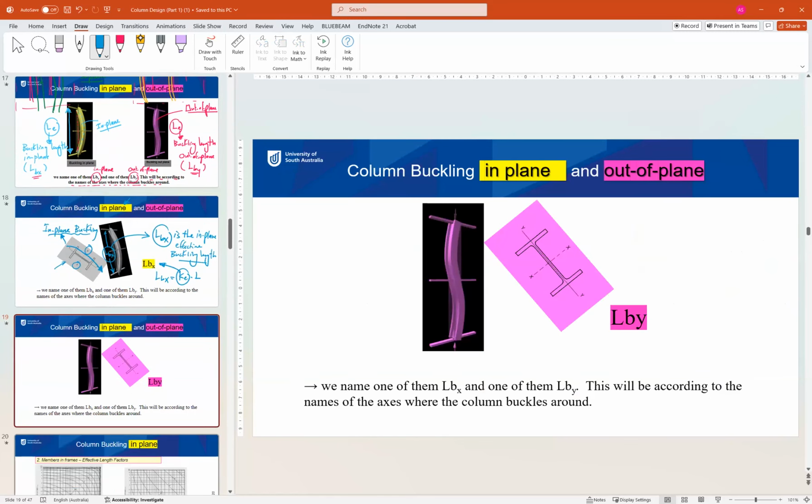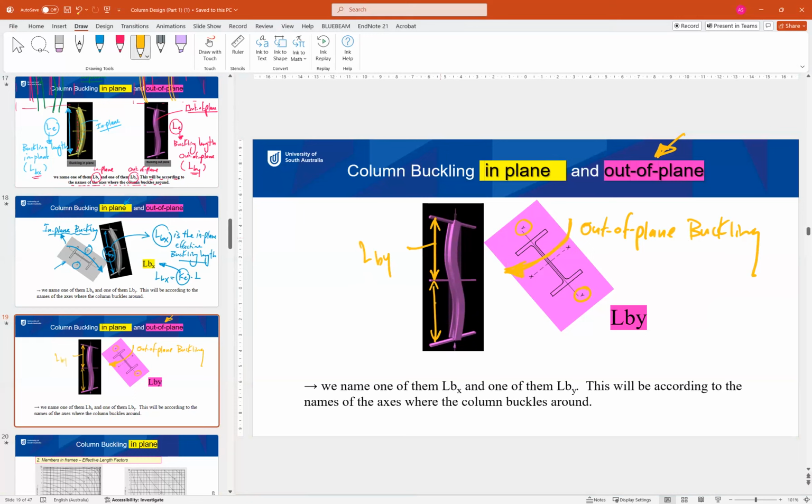For the out-of-plane buckling, in this case, the buckling will occur around the y-axis. So the buckling happens in this direction. This we call out-of-plane buckling. So the out-of-plane buckling will occur around the y-axis. The buckling length out of plane in this case, for example, is our LBY.